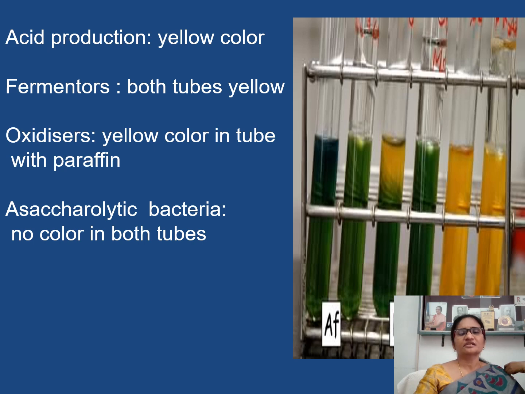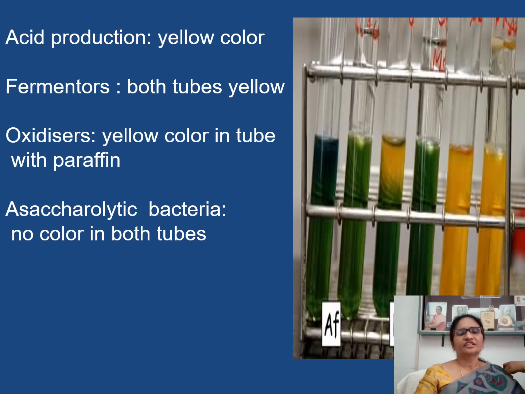If the organism is a fermentative organism, you can see yellow color because bromothymol blue is the indicator. Glucose is also there in this medium. So glucose fermentation results in acid production, and bromothymol blue is yellow in acidic pH. You have to inoculate two tubes, one without paraffin, the other with paraffin.